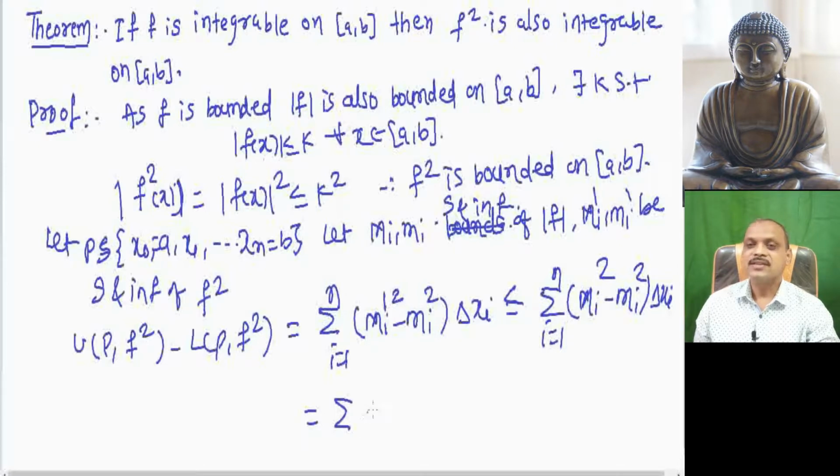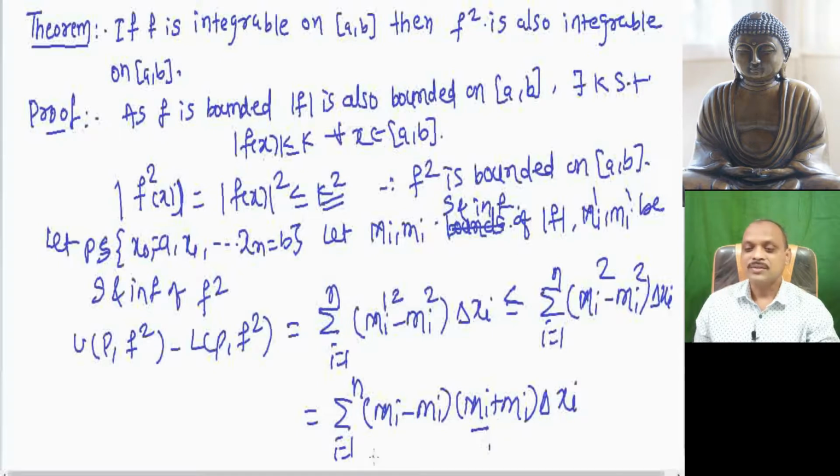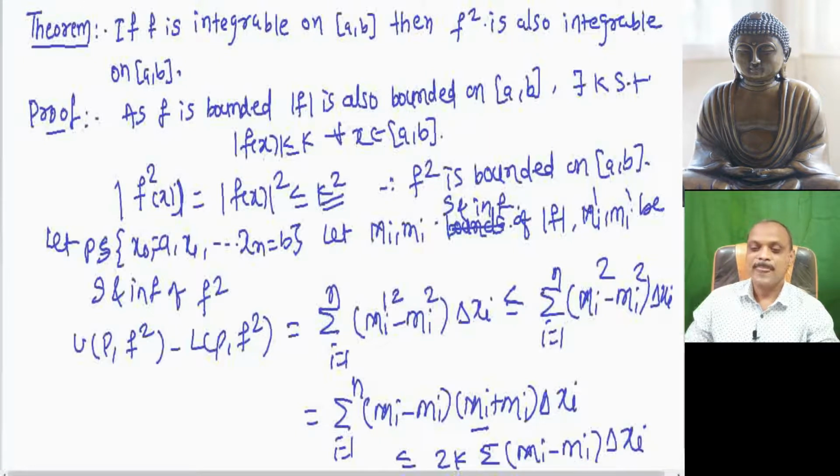But a square minus b square means a minus b into a plus b. So we have capital Mi minus small mi into capital Mi plus small mi into delta xi, i equal to 1 to n. But all these values are less than or equal to k. So this is less than or equal to 2k into the summation of capital Mi minus small mi into delta xi.